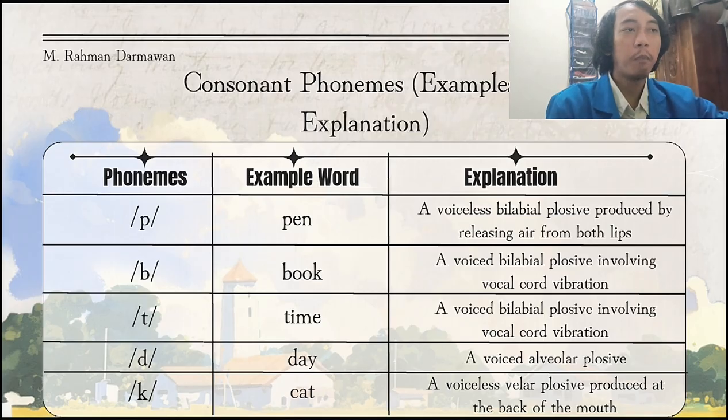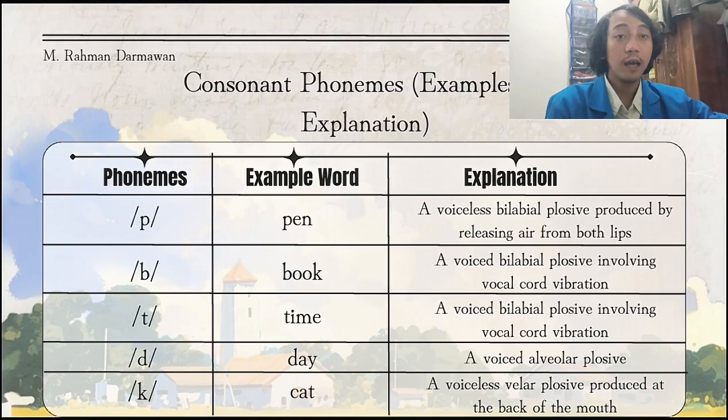For the phoneme b, the example word is book, and the explanation is a voiced bilabial plosive involving vocal cord vibration. For t, the example is time, and the explanation is a voiceless alveolar plosive.